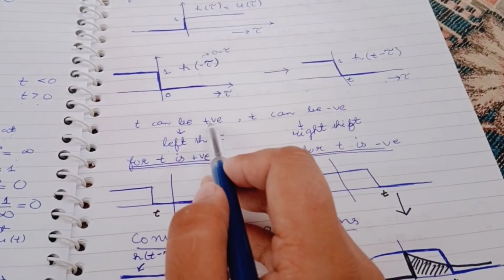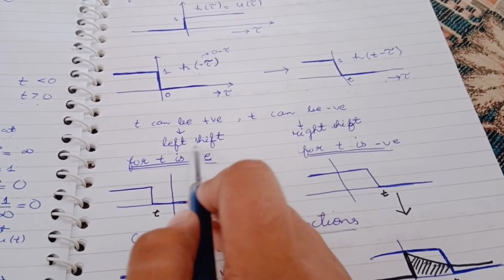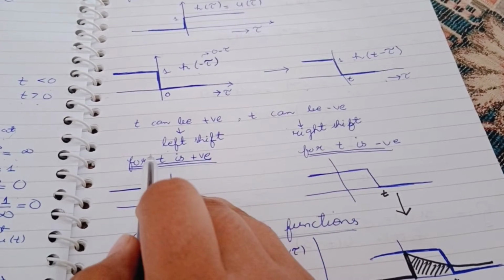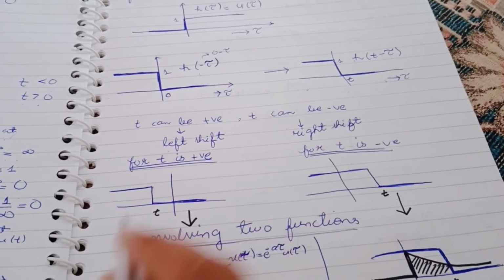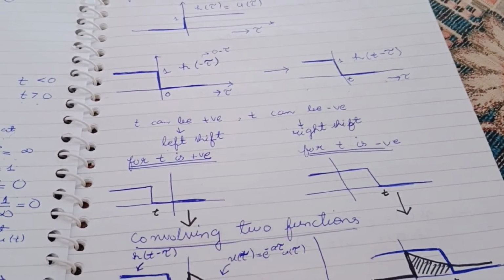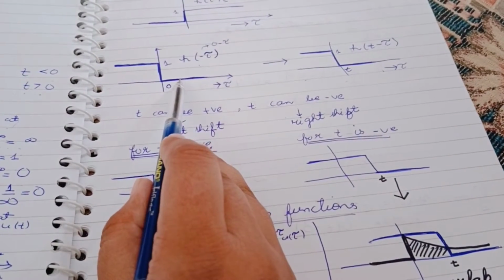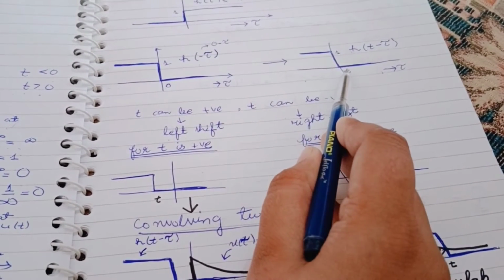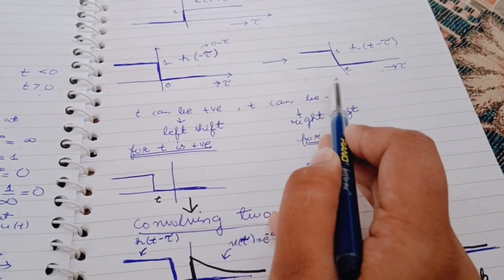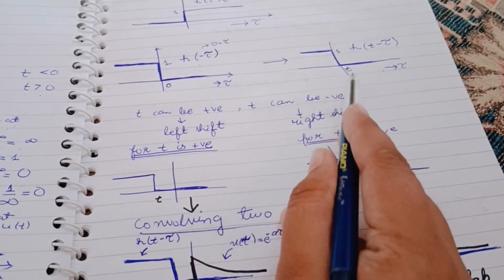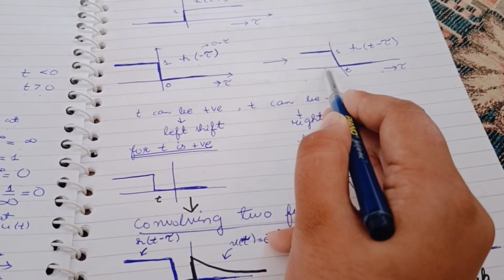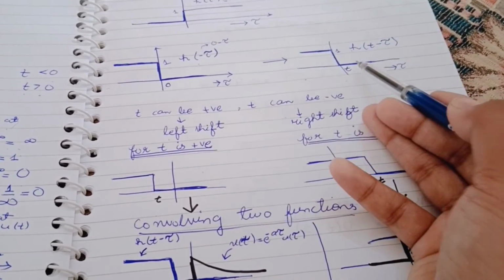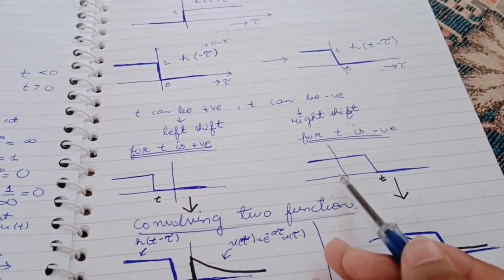When we take t as positive, we do a left shift, and when we take t as negative, we do a right shift. For t positive, we shift this signal to the left, that's why we have shifted this here, where the origin was t. And when t is negative, we shift this signal to the right.